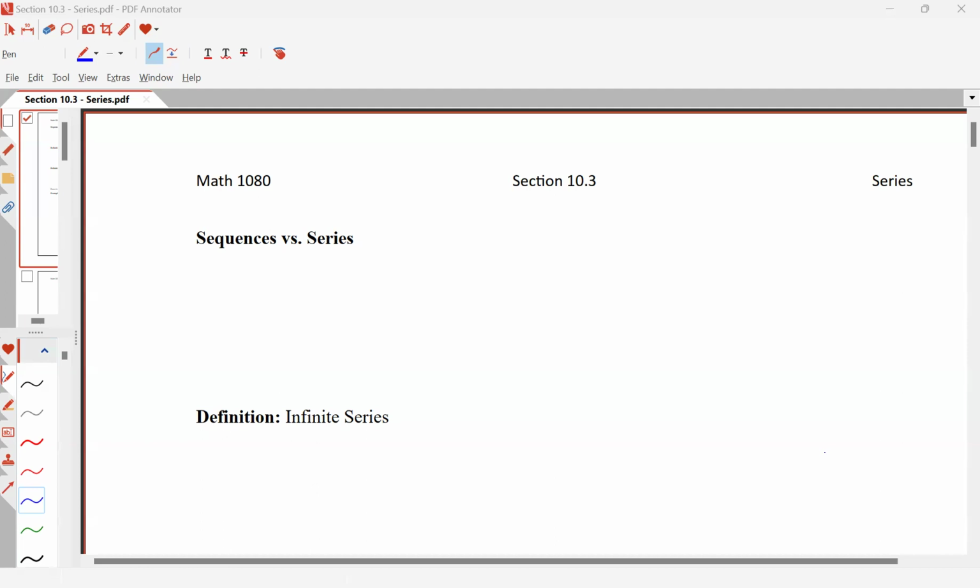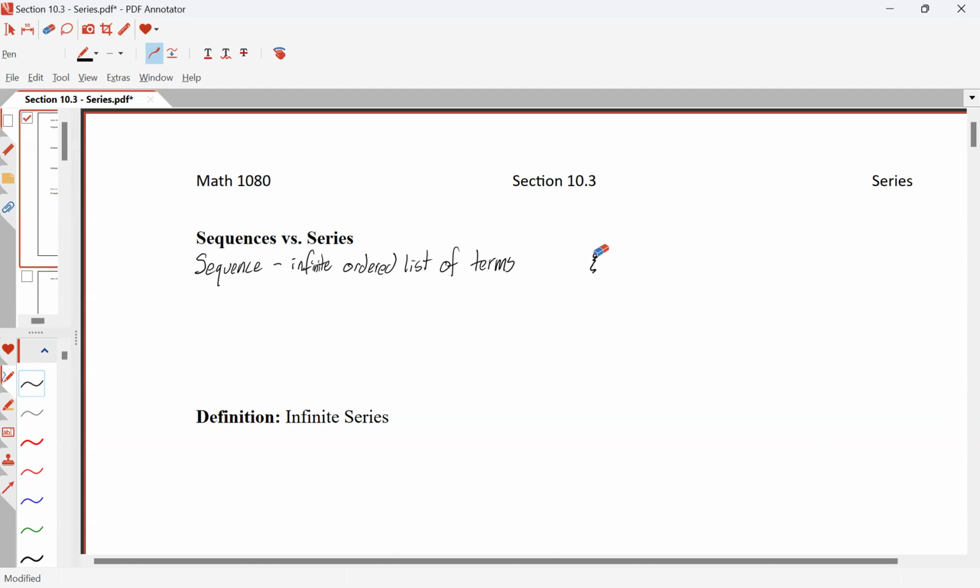So, as a review from yesterday, a sequence is an infinite ordered list of terms. Most often numbers, but just a list of things that goes on infinitely.